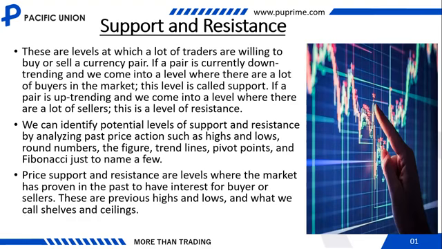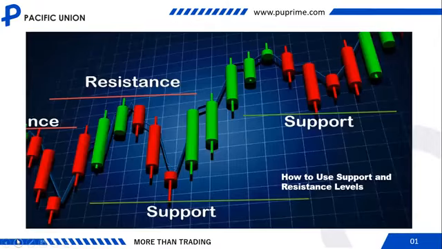So support and resistance work hand in hand with other tools that you have even in your trading application, just for you to have a good understanding of the zone. Support and resistance are levels at which the market has proven in time past to have interest for buyers and sellers.